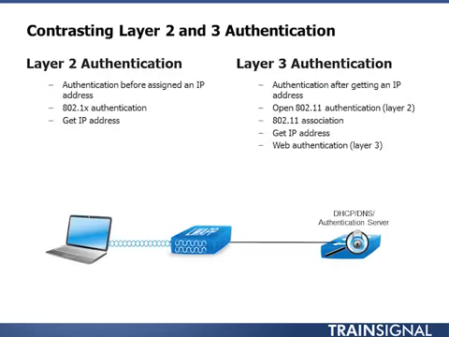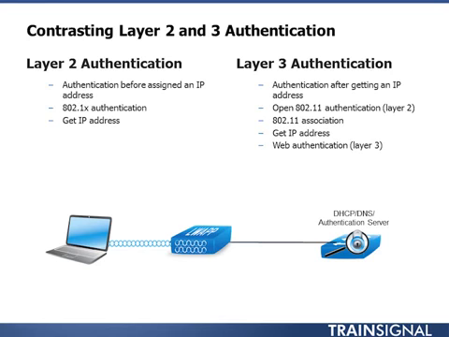So let's spend a couple of minutes talking about the difference between layer 2 and layer 3 authentication. Now, layer 2 authentication allows you to get authenticated before you actually get an IP address. So only if you are legitimate to come onto the network do I then assign you an IP address. And so this is port security.